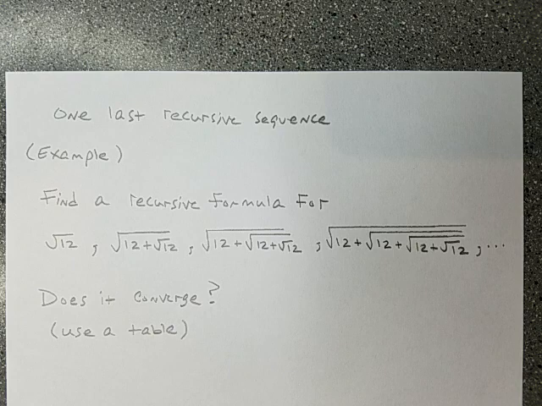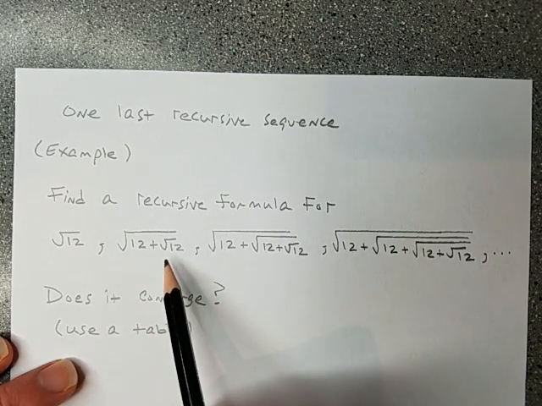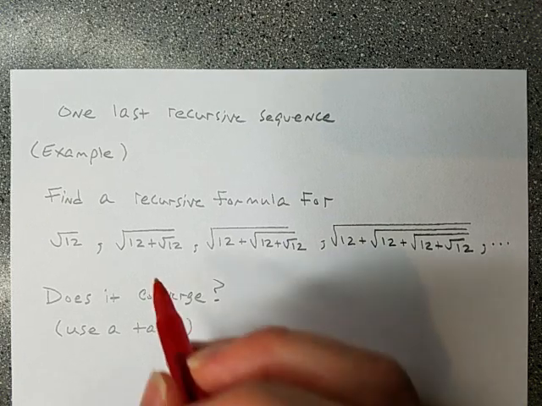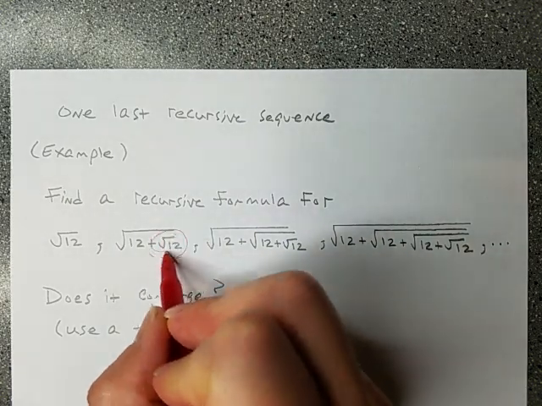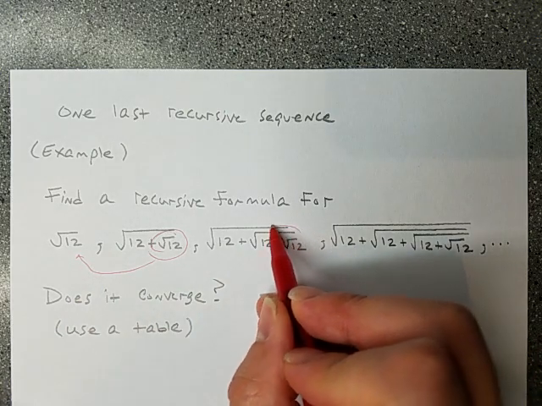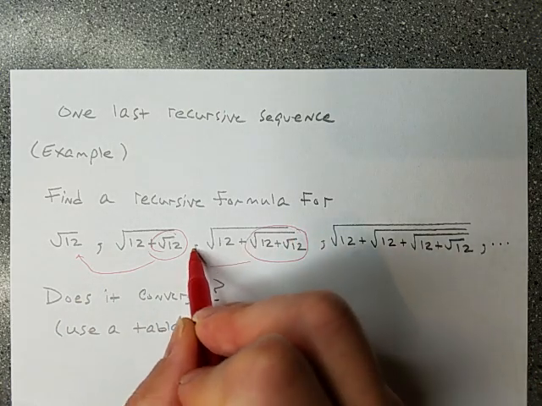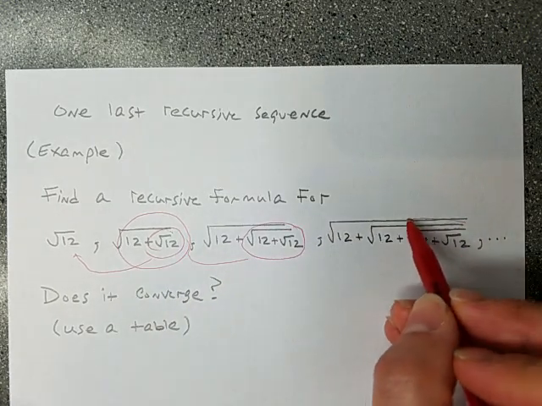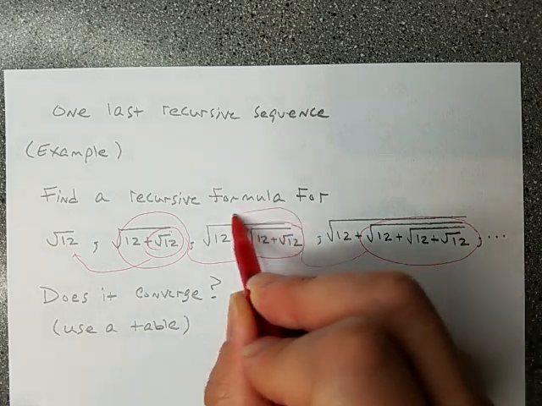Well, I can see a pattern to this. Here's how I'm going to try to get you to see the pattern. See how that is right there. And see how this is right there. And see how this is right there.